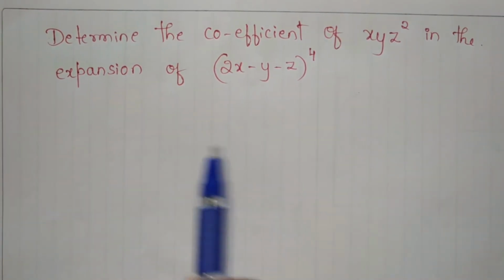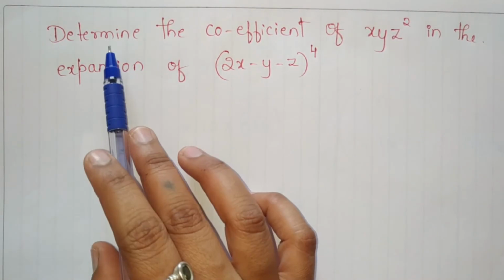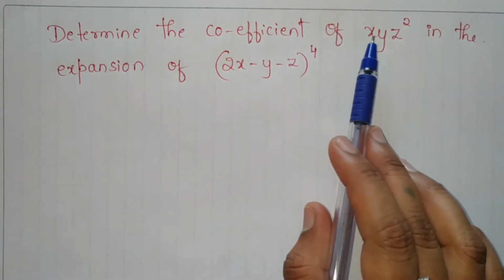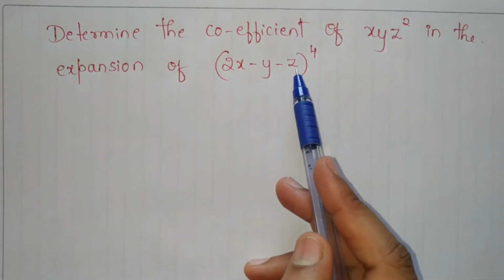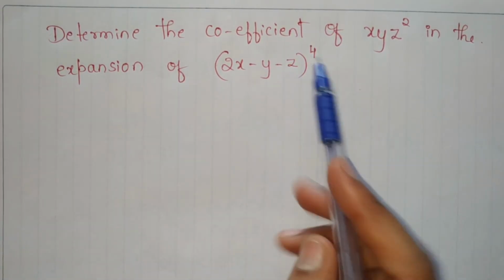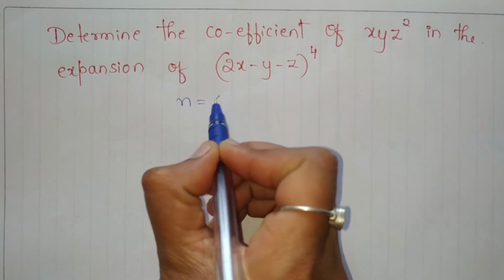So see here, students, now we have to find, that is determine the coefficient of x y z square in the expansion of 2x minus y minus z raised to 4. So here n is equal to 4, right?